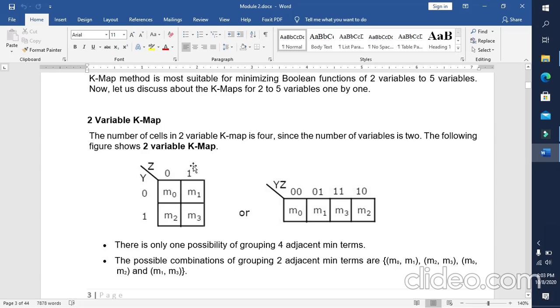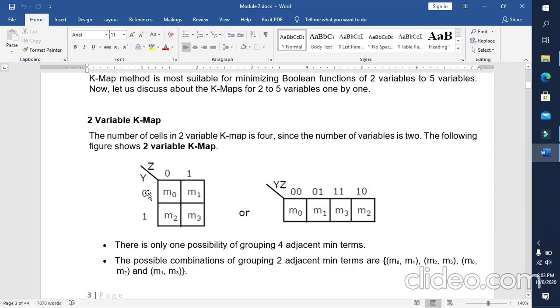Now, how are you going to determine the value inside the cell? For a 2 variable map, the value in the cell corresponds to the intersecting values of y and z.